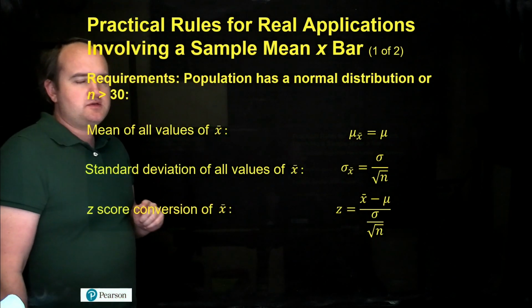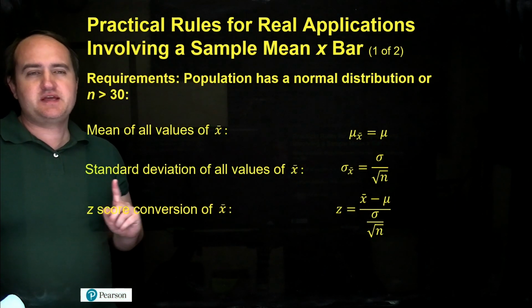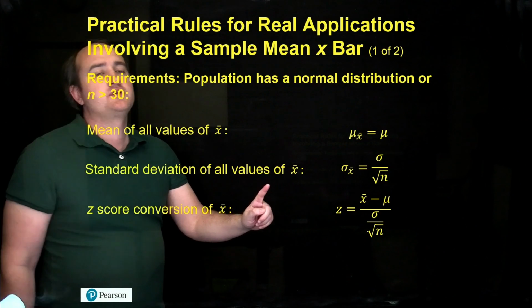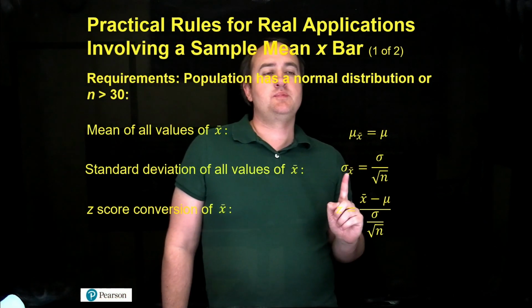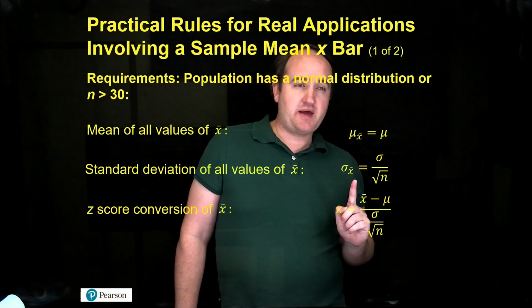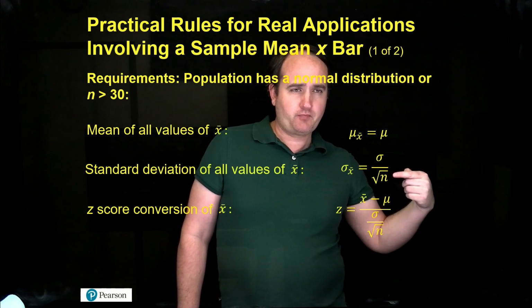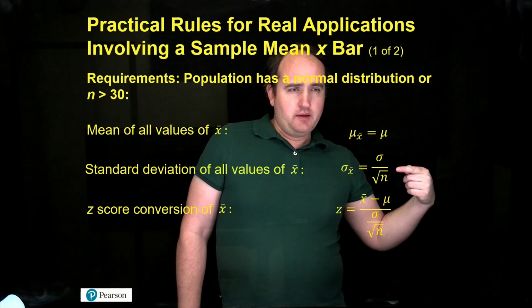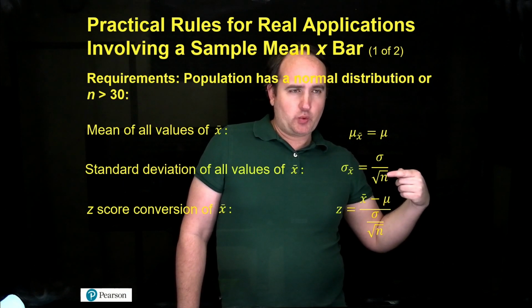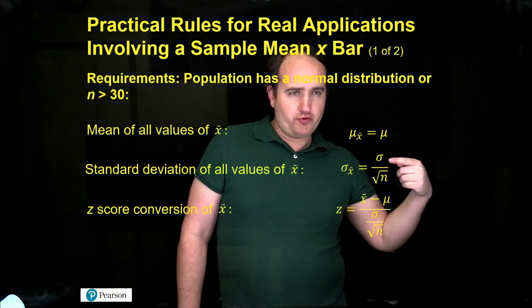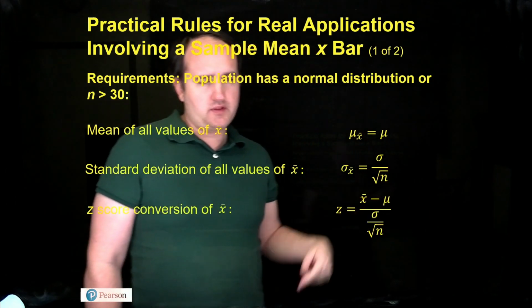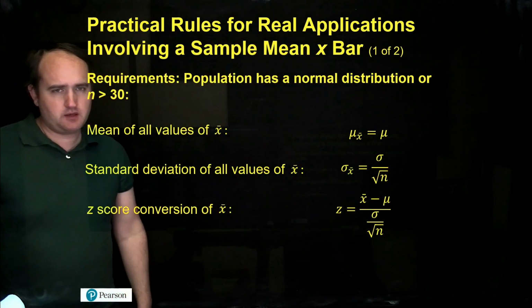And then the only thing that's new here is the standard deviation of all values of x bar is going to be sigma sub x bar, which is just sigma over the square root of n. So you end up having to divide by square root of n for your sigma, but that's really the only new thing that we're doing here.